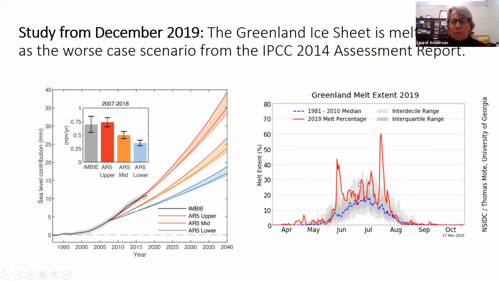And then we have the melting that we observed in 2019. And you can see it really exceeds what our usual melting scenario is like. Because the Greenland ice sheet does melt in the summer and freeze back in the winter. So a little melting itself is not unusual, but the amount of melting we're seeing right now is really extreme.